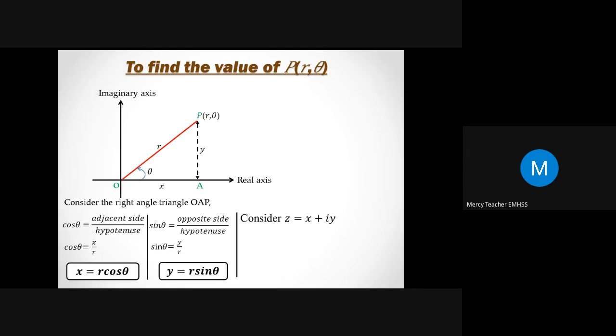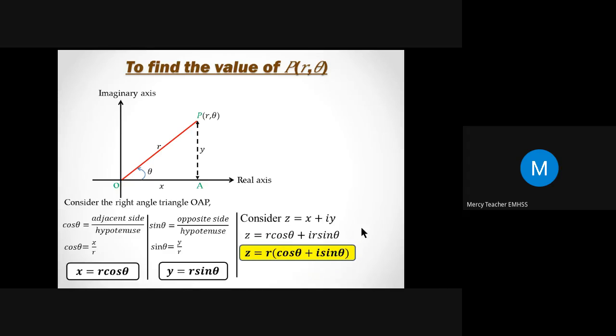Now consider z is equal to x plus iy, which is the Cartesian form of a complex number. In this Cartesian form, we are going to substitute this x value and y value. If you substitute, you will have z is equal to r cos theta plus i r sin theta. Instead of y, you are writing r sin theta. What is the common term between these two terms?